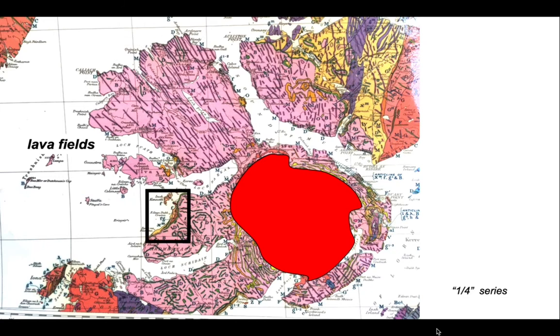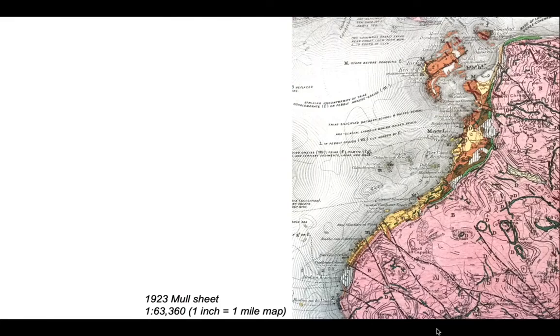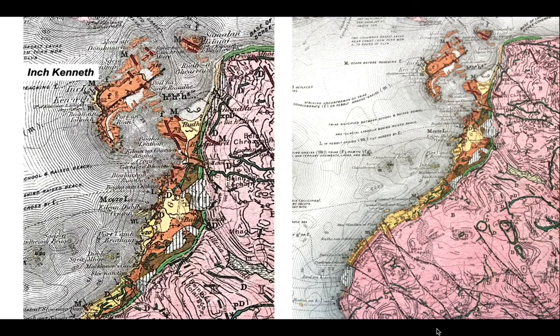So let's go and look at some of this geology, and we'll zoom onto this area on the Isle of Mull. So this is part of the map sheet published in 1923, and it's part of this 1 inch series. Let's zoom in, and what we can see on the map around Inchkenneth, that island, are those orange rocks which are Triassic, so these are sedimentary.